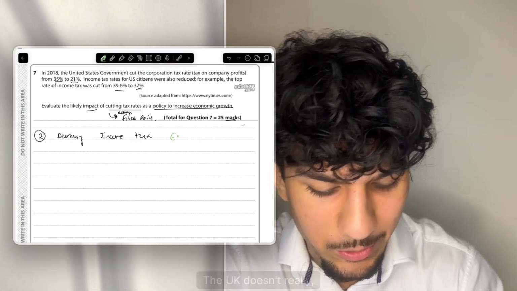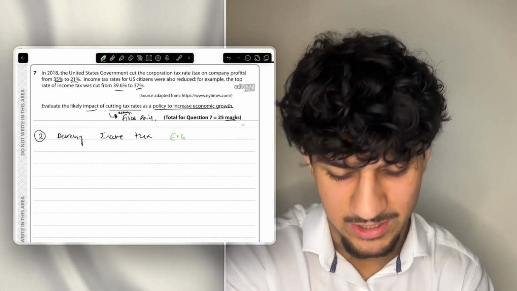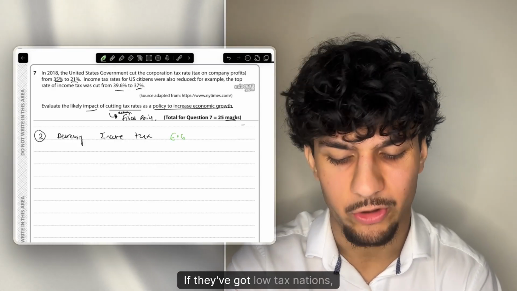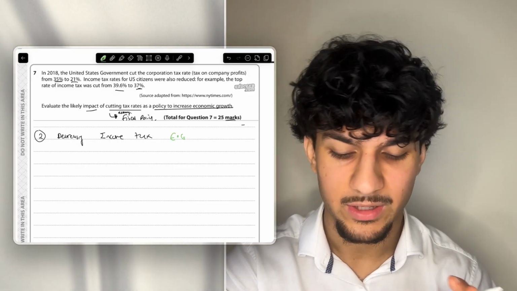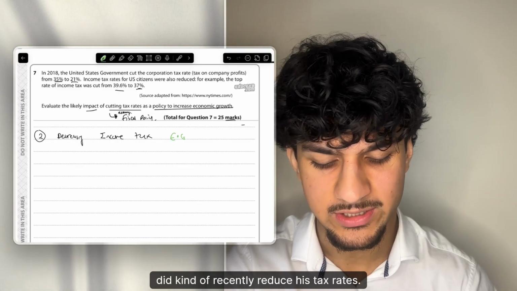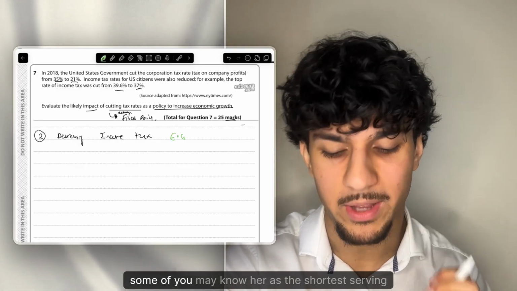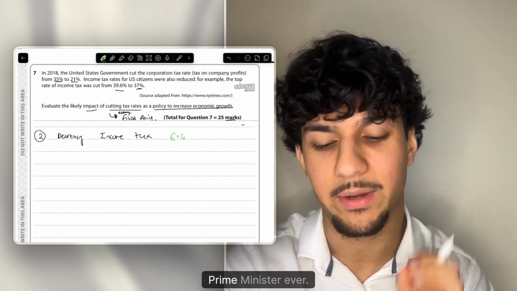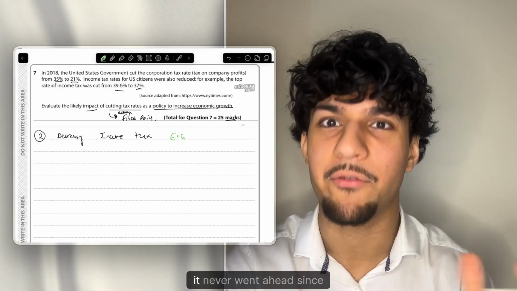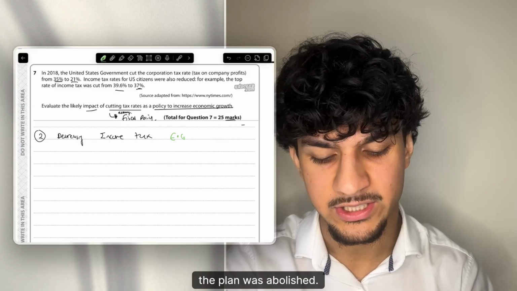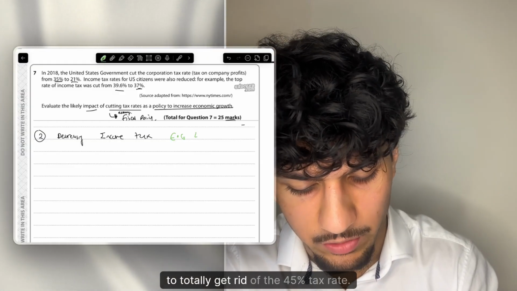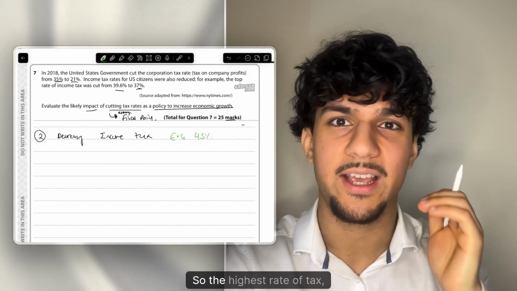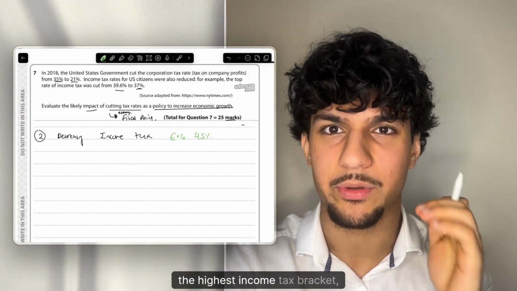The UK doesn't really. We're quite a high tax nation, as you can imagine. If you think about low tax nations, you think about places like the Middle East, Dubai, but the UK did recently reduce its tax rates. So Liz Truss, some of you may know her as the shortest serving Prime Minister ever, planned and announced to totally get rid of the 45% tax rate, the highest income tax bracket.